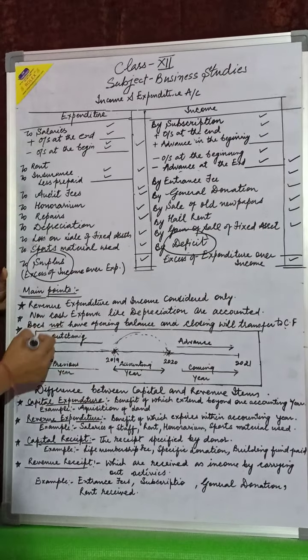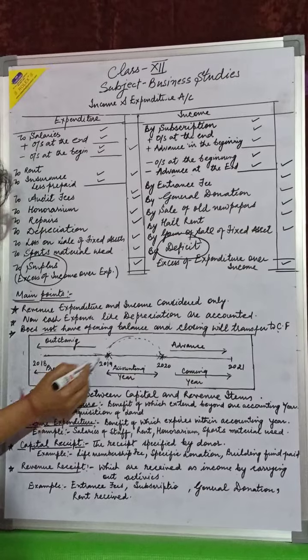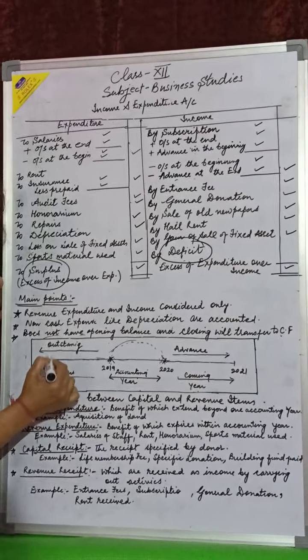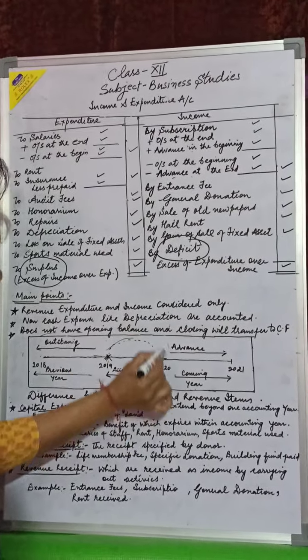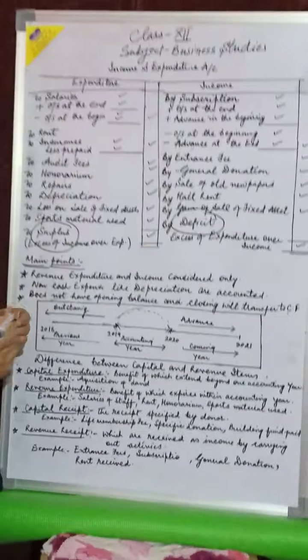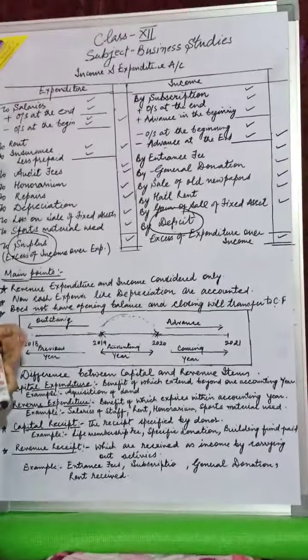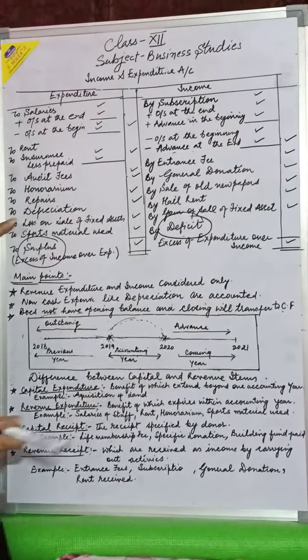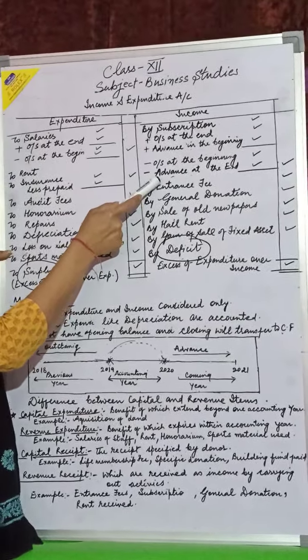It is actually for the past year. That's why you are not taking this past year. You are only concerned with the present year, so you are going to minus it. So this is actually the main formula for calculating the subscription.